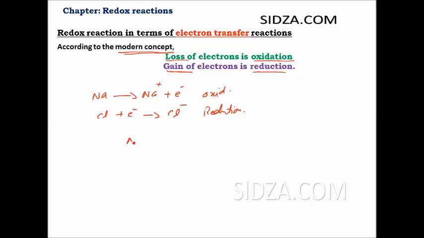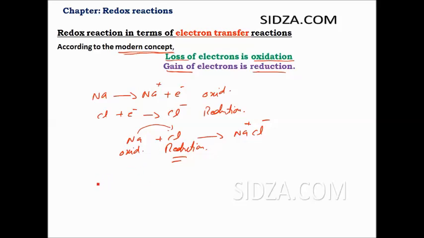So if you react sodium and chlorine, there is transfer of electrons from sodium to chlorine, changing sodium into Na+ and chlorine into Cl-. This is a redox reaction where sodium is oxidized and chlorine is reduced.